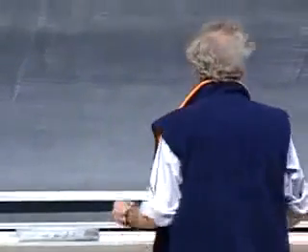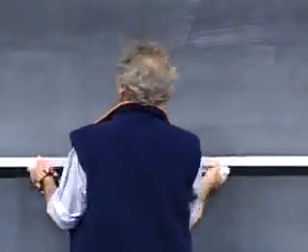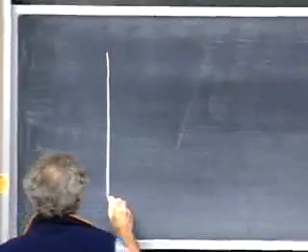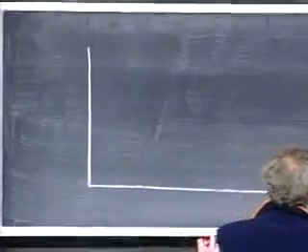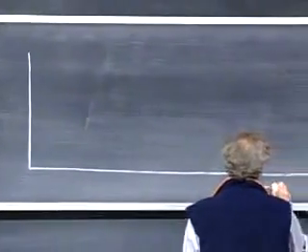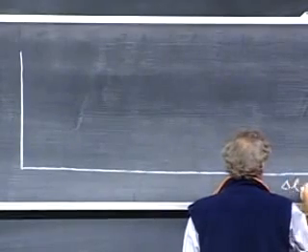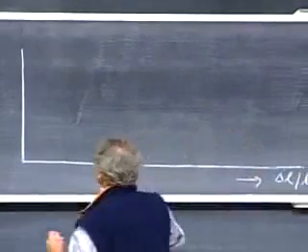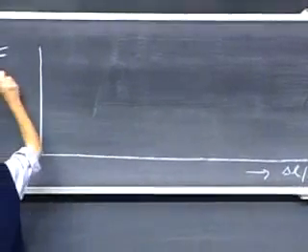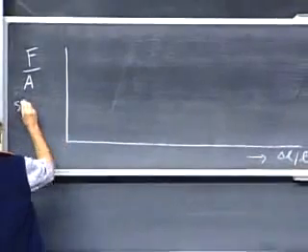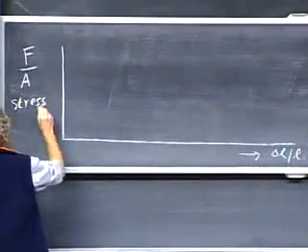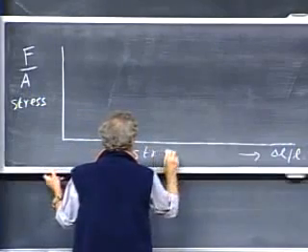And I will try to sketch you here what a curve of stress versus strain typically looks like. So here I'm going to plot delta L over L, and here F over A. So this is the stress, and this is the strain.